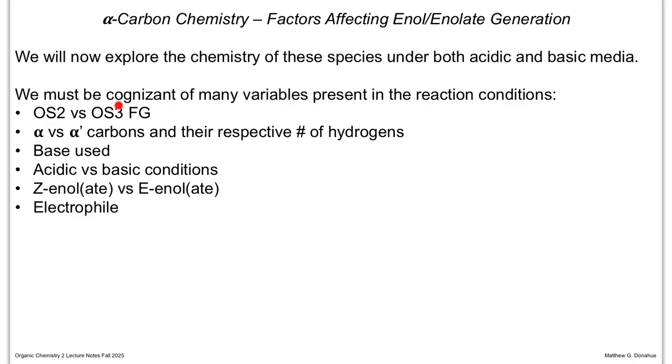Is it a carboxylic acid derivative? For ketones, do you have alpha versus alpha prime? How many hydrogens does each have? What is the nature of the base that you're using? Is it a strong base, a weak base? How does that affect the equilibrium when you're generating the enolate? Is it enol or enolate, Z or E, geometrical isomers, and then what oxidation state of the electrophile is being used?